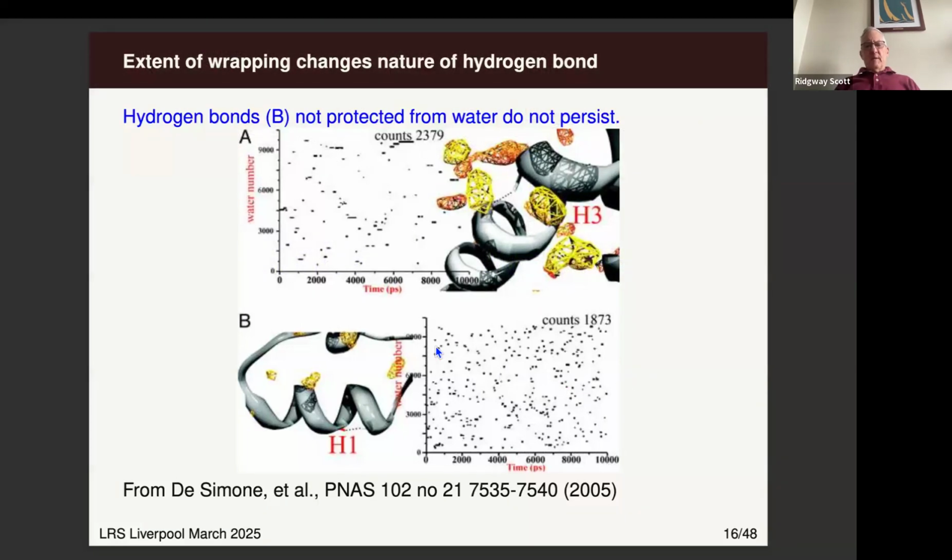The water molecules come and go, they don't stay very long, and so they're much different from the behavior around a well-wrapped hydrogen bond. And we had predicted this based on our understanding of the dehydron. And we were very pleased to then interact more with Alfonso.